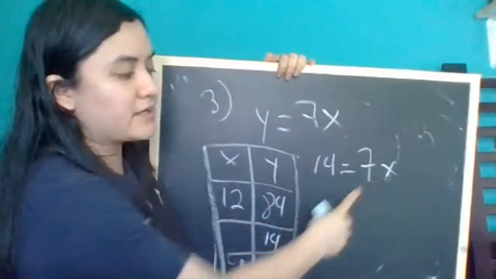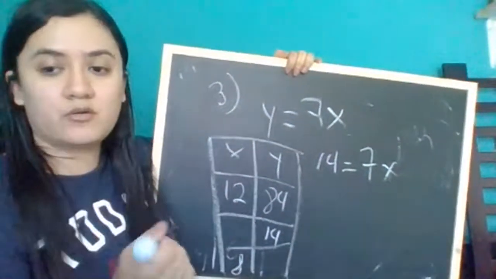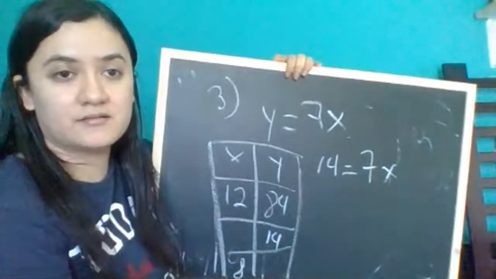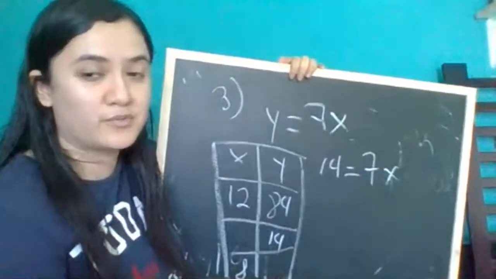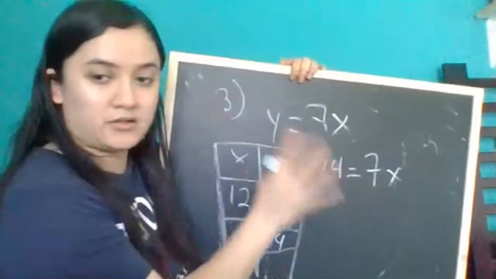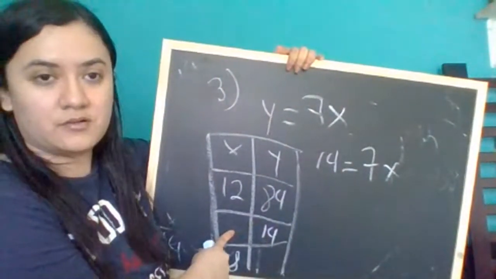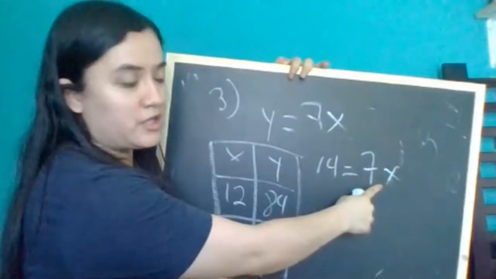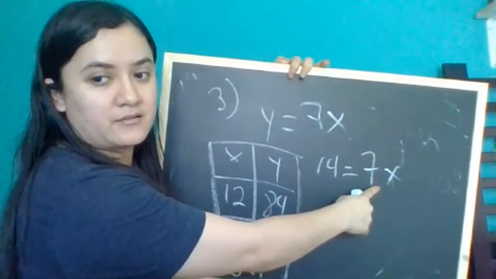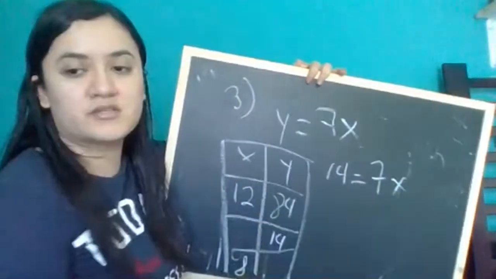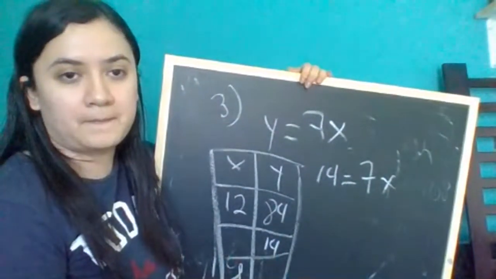If we want to leave the x alone, because x is what I don't have, 7 is multiplying x. Don't put the answers if you don't know the process. Look, in this case, we have y, but we don't have x. So here the 7 is multiplying. We need to leave the x alone.